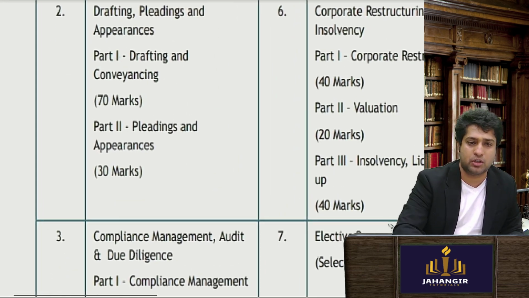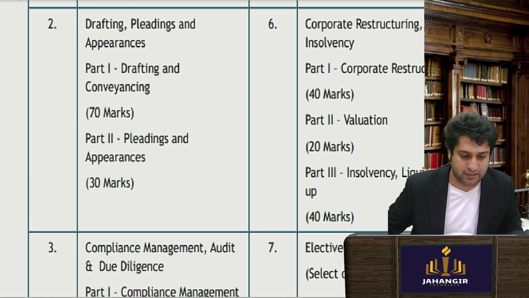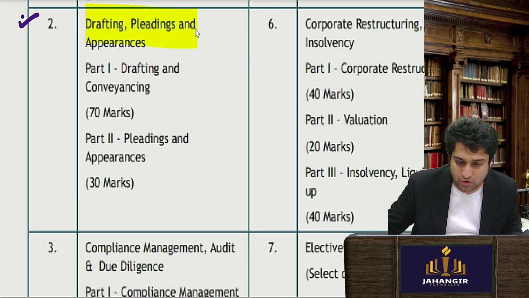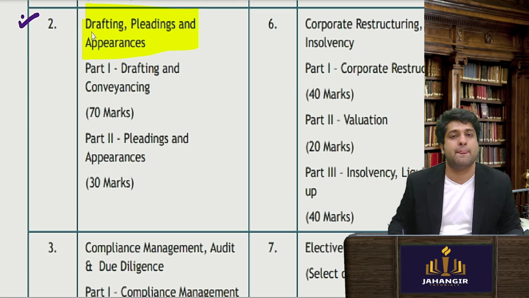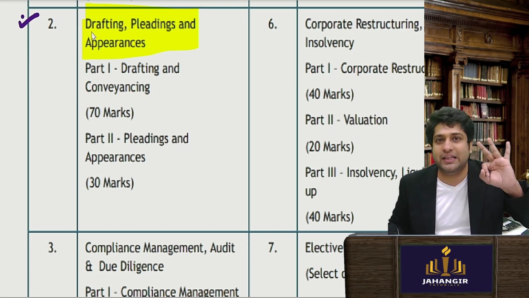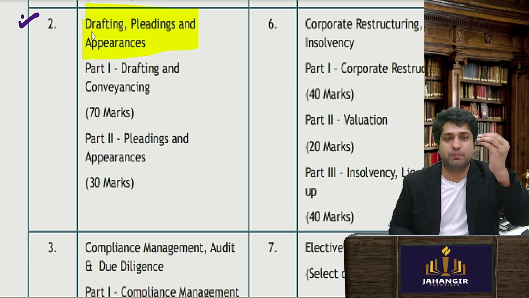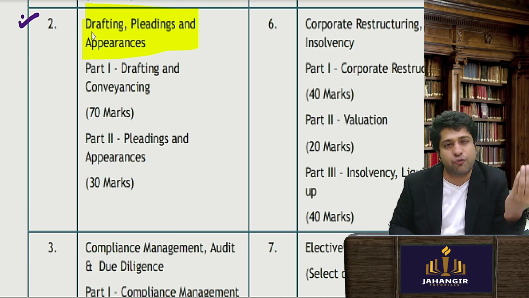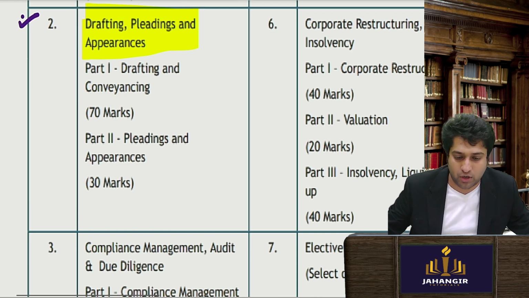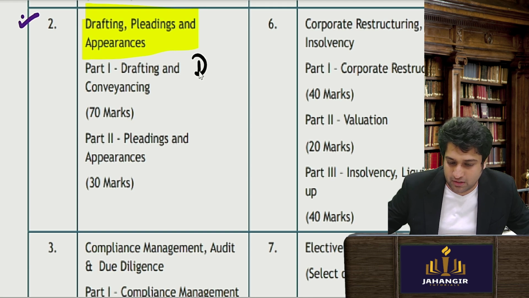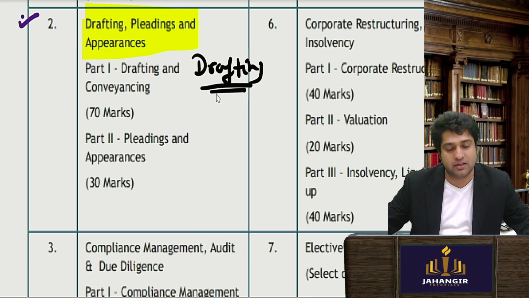Your paper number 2 is about drafting. Drafting is something which is going to help you in your professional life as well. Here we will be learning 3 kinds of drafts only; any kind of draft that you see will be put down in these aspects. Drafting is actually a skill that you will be learning.